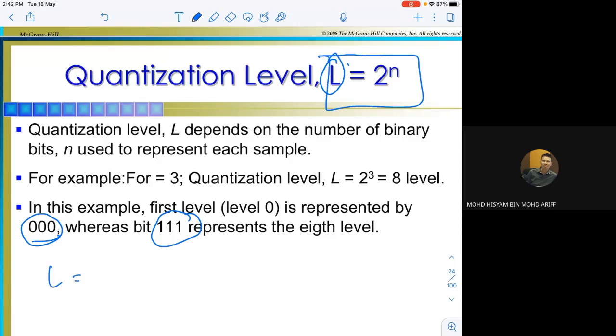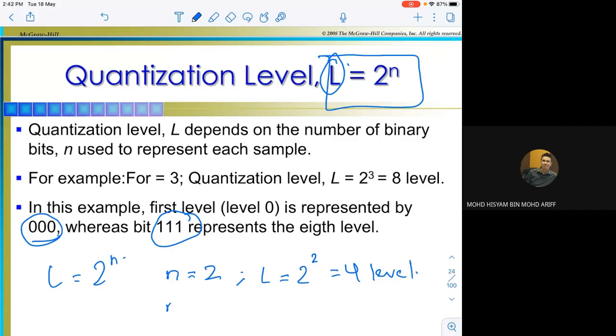L equals 2 power of n. Okay, remember? So 2 power of n, let's say bit n equals 2. So level L equals 2 power of 2 equals 4 levels. Let's say n equals 3.